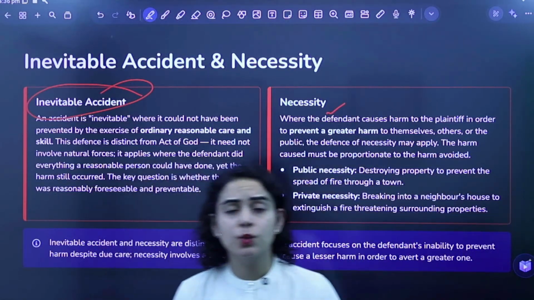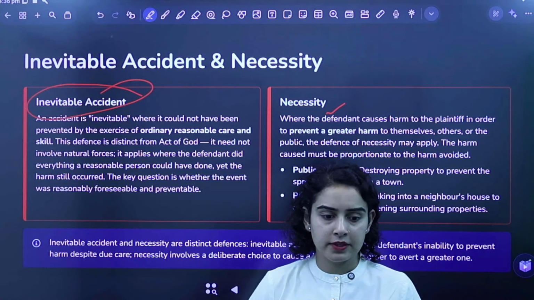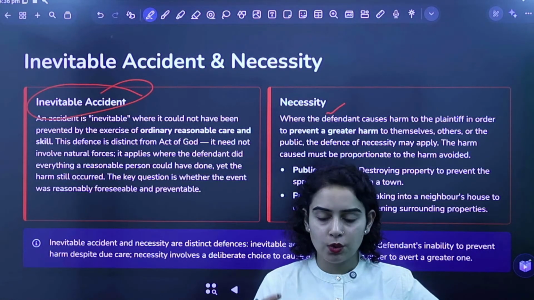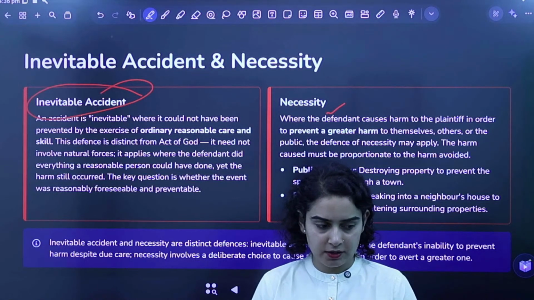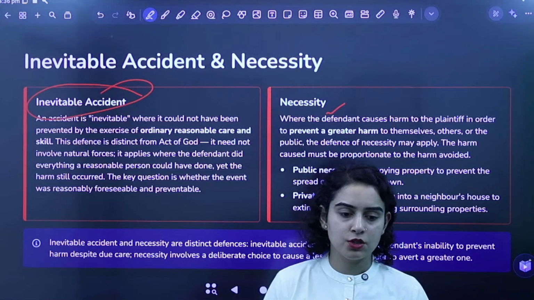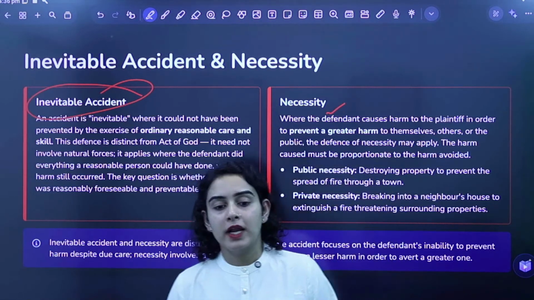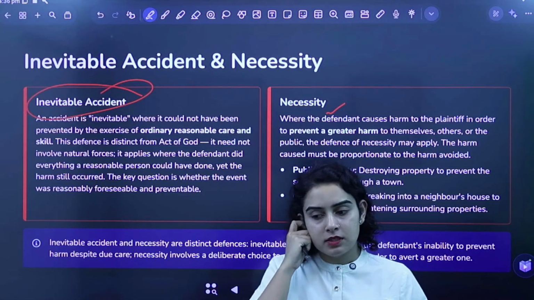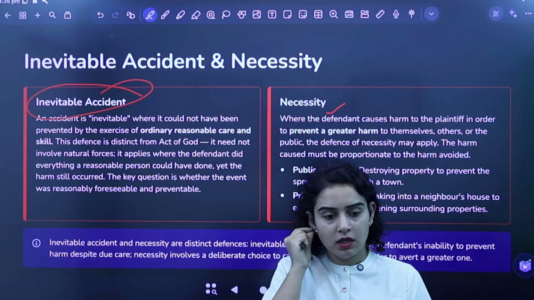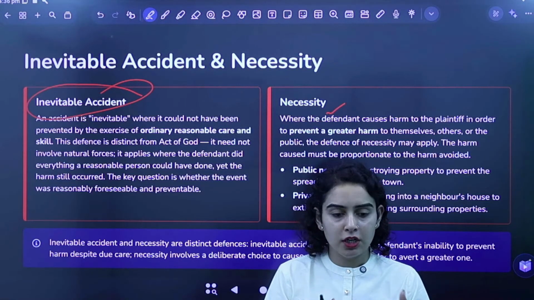Next is necessity. Necessity is when you want to prevent a greater harm, you cause a smaller harm. Let's say you are driving on a road and it's a very small road, right? It's not a very wide road. While driving, another car comes, and you couldn't control your car.